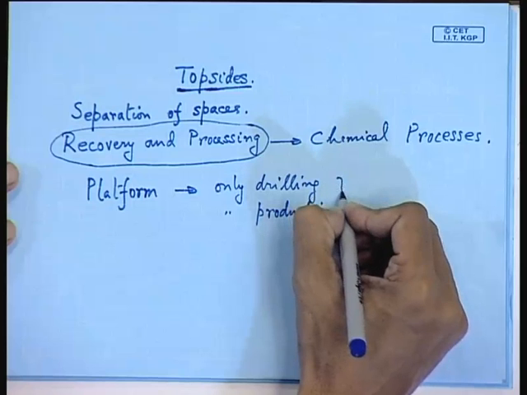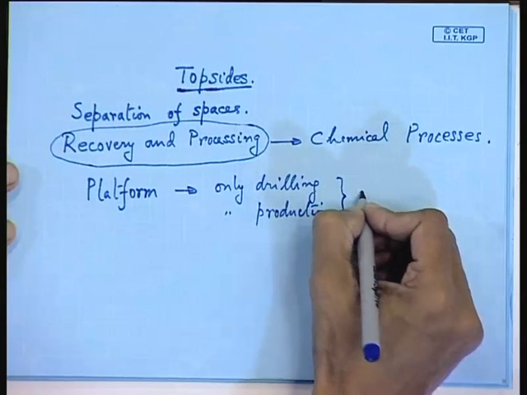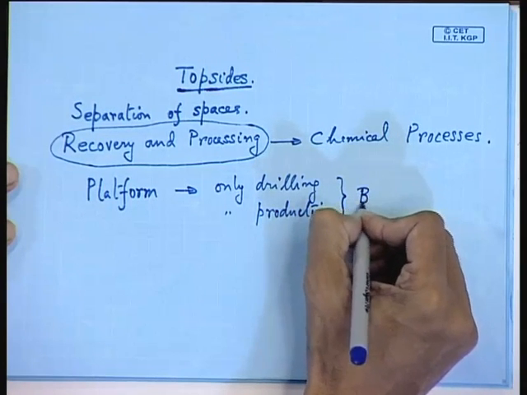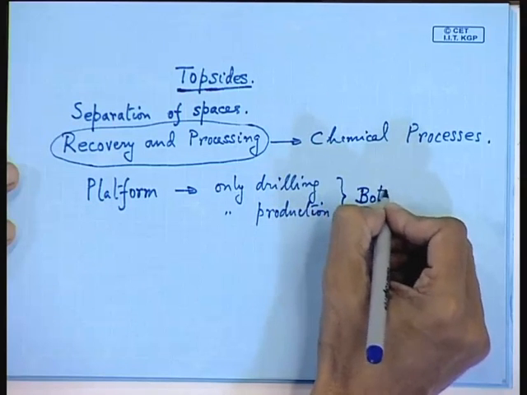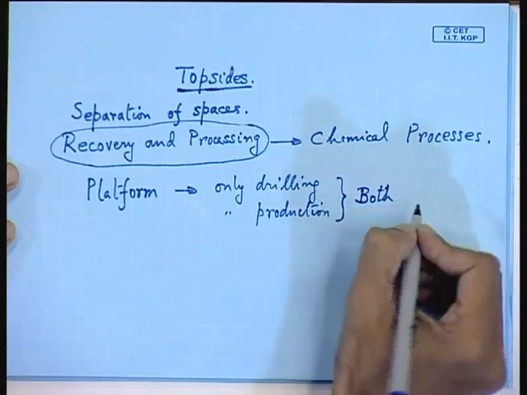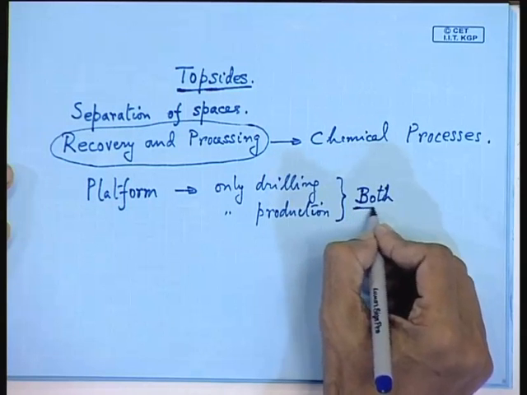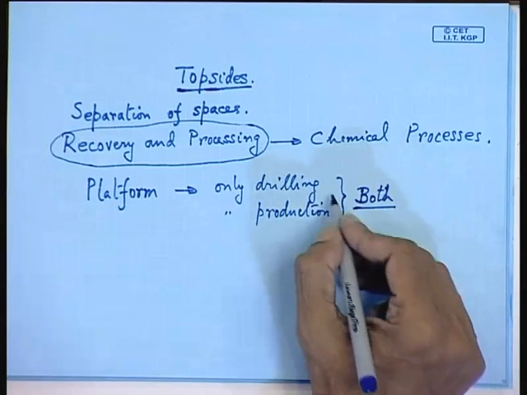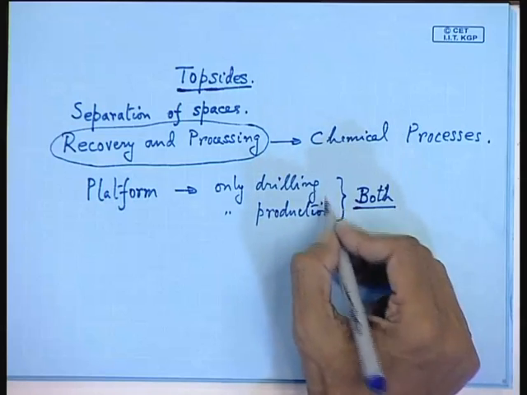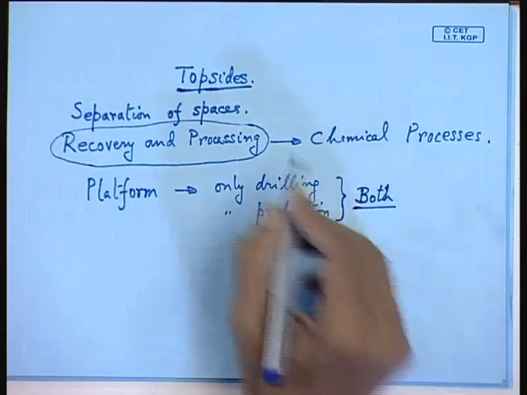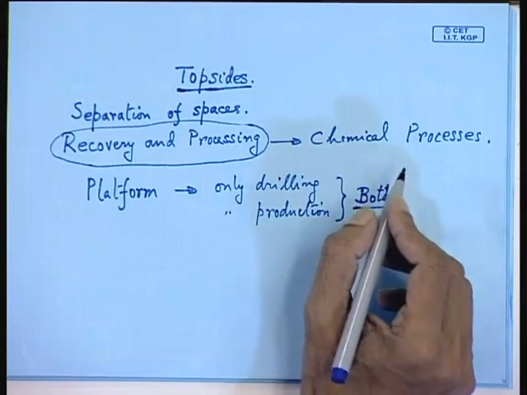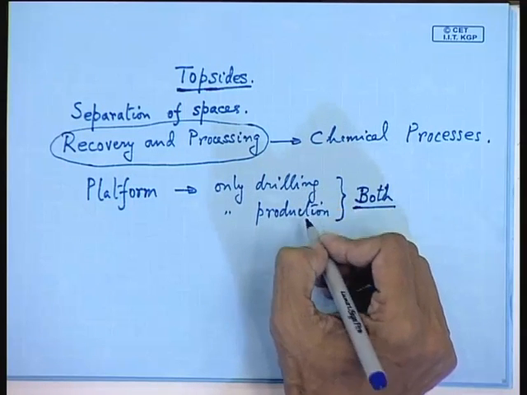So, your topside facilities has to cater to this type of demand. So in most of the platforms nowadays you will find that they are capable both for drilling as well as simultaneous drilling and production. So, that means you have to arrange all your topside facilities according to the drilling and production modes.